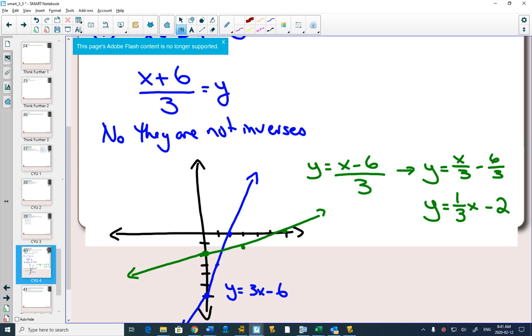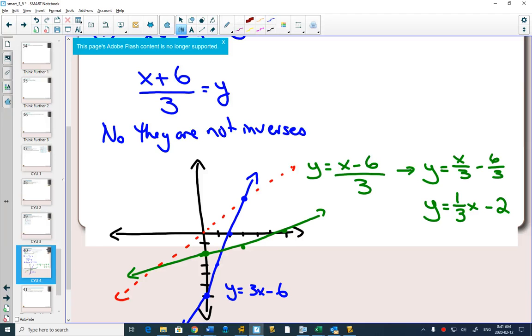And I draw this. So how can we tell from the graphs that they're not inverses of each other? Well, a couple of ways. If they're inverses of each other, they would flip over that line. And if things flip over that line, well, this blue point should have been on both, and it's not.